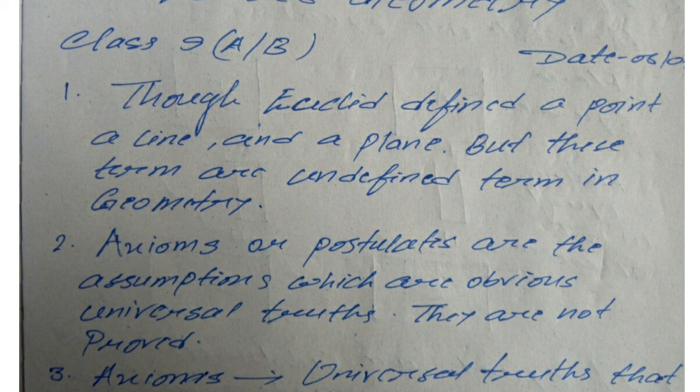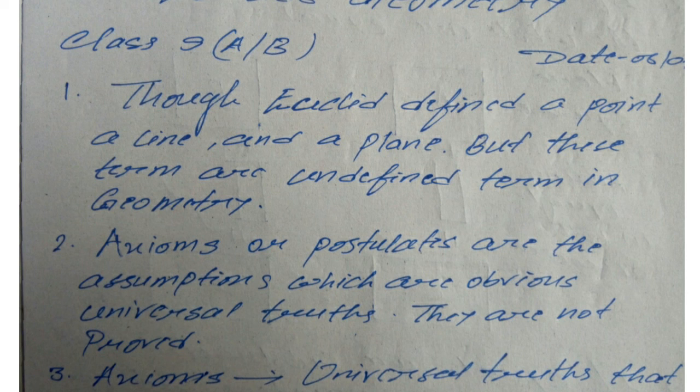It is length and breadth multiplied, then we get the area. So we will have to define length and breadth, and in this way we have to define so many terms. So in Euclid's geometry, point, line, and plane are undefined terms.